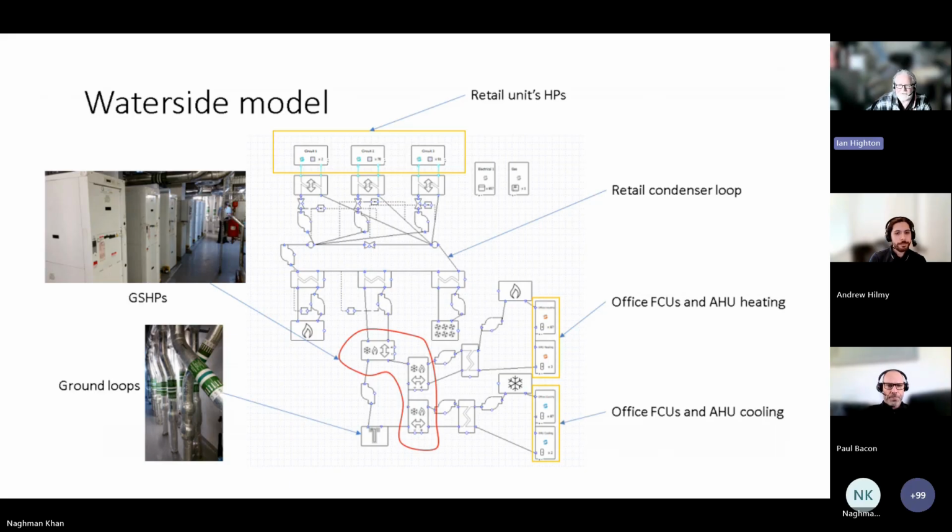So it's just a quick way of chopping it up so that we can feed, as I say, the office heating and the office cooling requirements, as well as the ground loop. And yeah, those are the actual ground loop pipes that go down into the ground and come back up again. So it's kind of nice to see not just the basement and the kit that's down there, but up on the roof, the air handling units as well. It's quite nice to get out and see the real world, as it were.